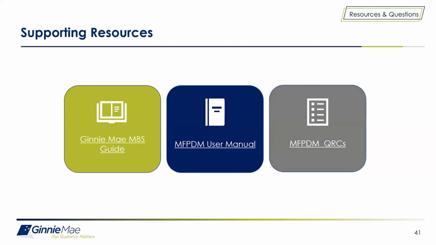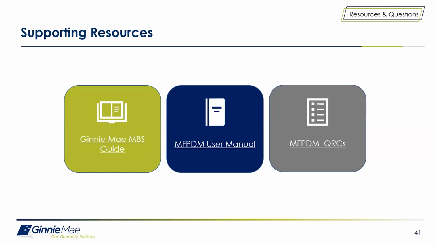Although it's electronic, maybe there's certain things that need to go to them. Make sure you know what information you need to gather to do a different pool type. If it's a PN or you're doing an RX, an LM, you know what that constitutes. So you want to use the Ginnie Mae MBS Guide as your source.